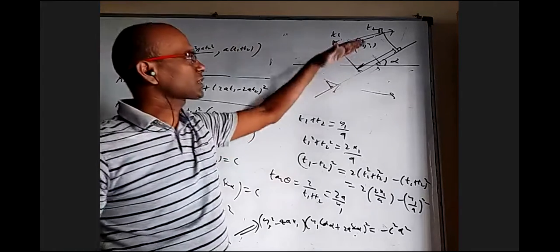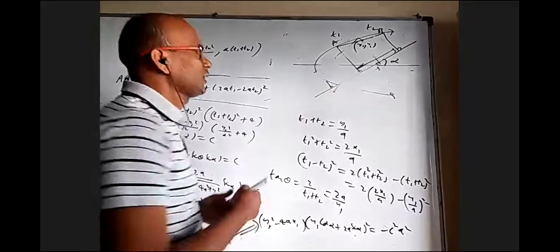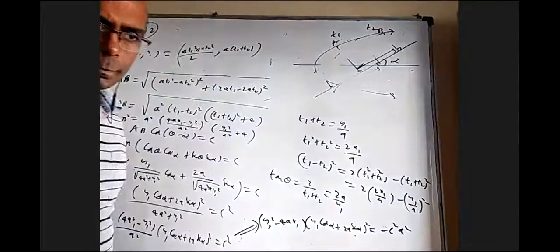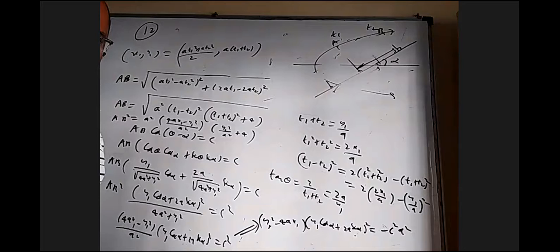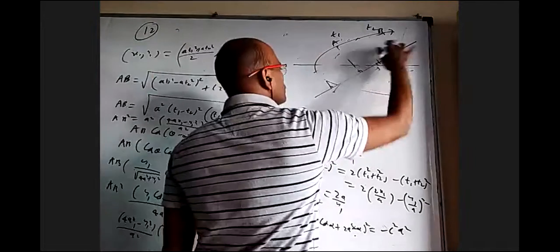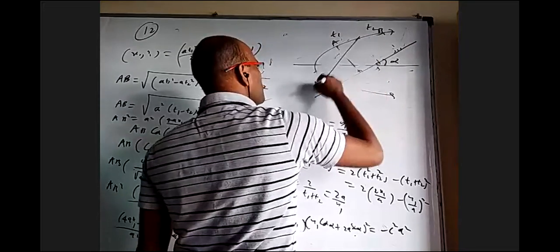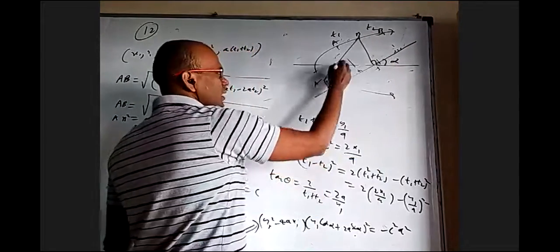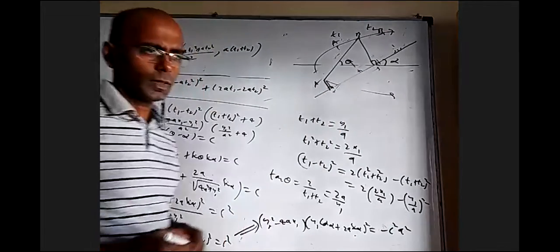Now, how to find projection of AB on this line. Okay. So let us say this is my chord AB. I have to take this projection. So I extended, I took this inclination is theta. Okay.